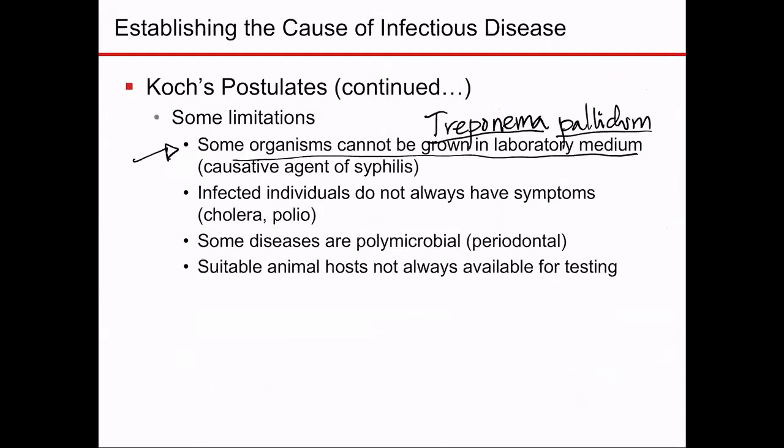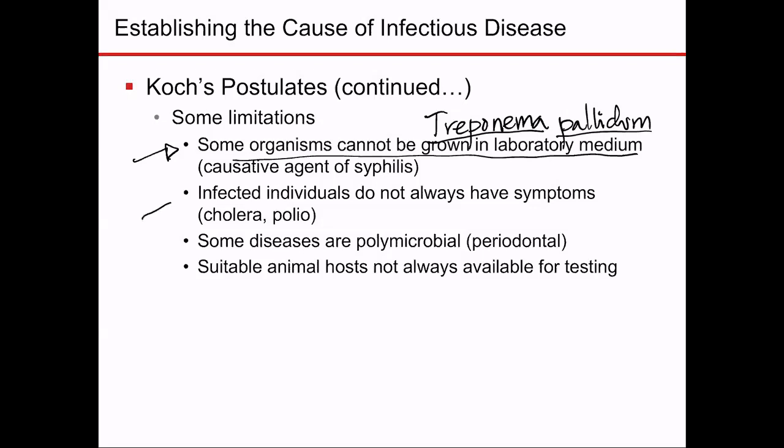Now, today we know that bacteria is linked to syphilis because now we have developed other techniques, immunological techniques, molecular biology techniques that allow us to establish a relationship between the people that have syphilis and the presence of this particular bacteria.